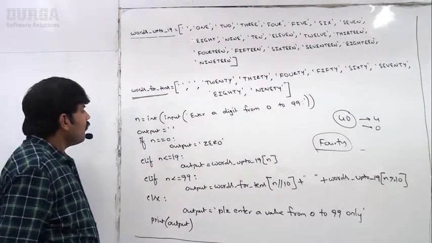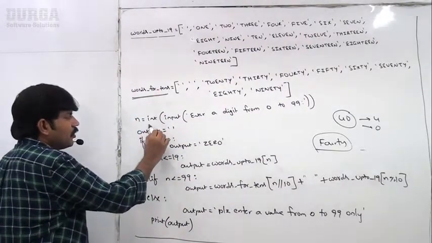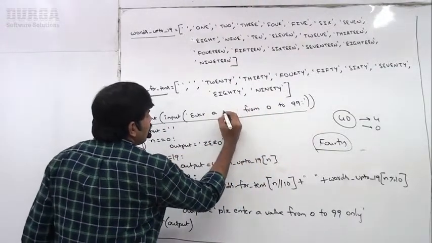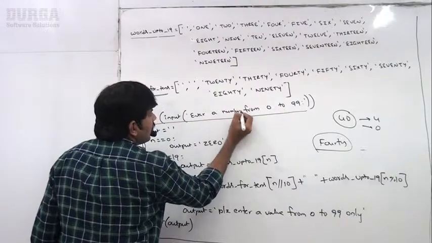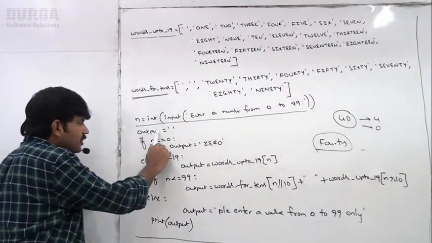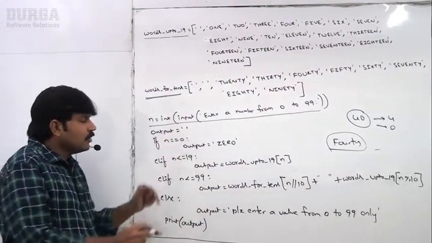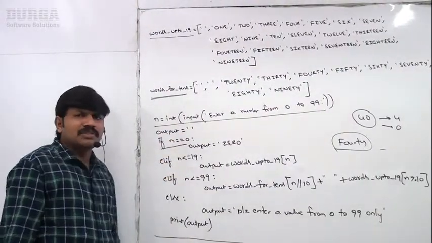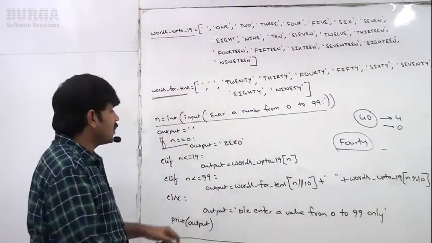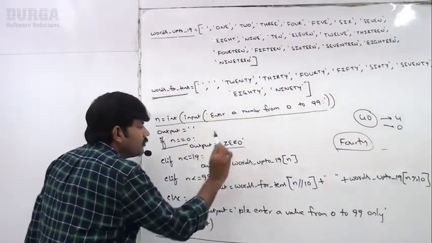Okay, now it is very simple. Read n is equal to int of input, enter a number from 0 to 99. I want to take output is equal to empty at the beginning. If n is equal to 0, just you enter 0, sir. Because I didn't cover 0 in this, that's why simply output will become 0.